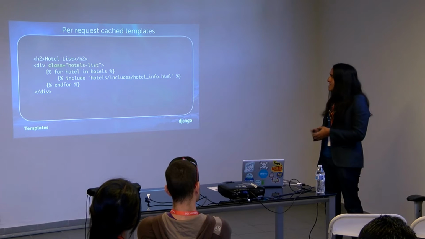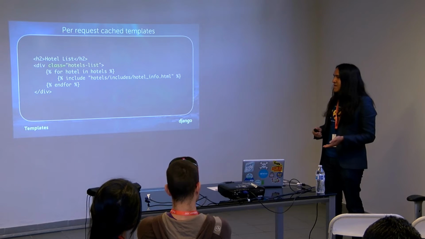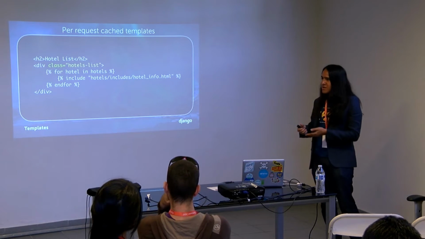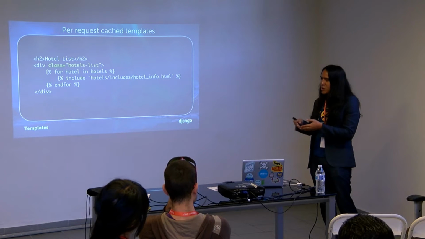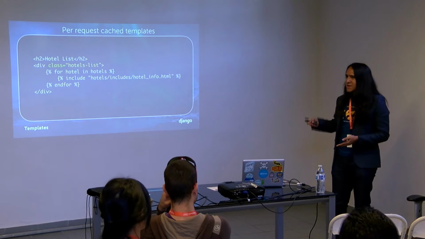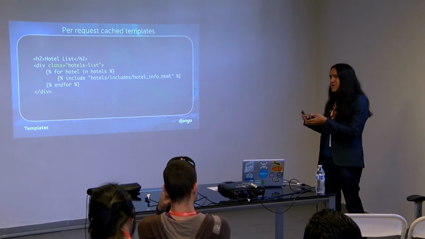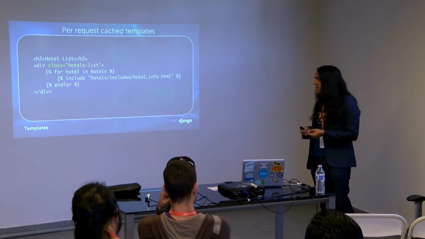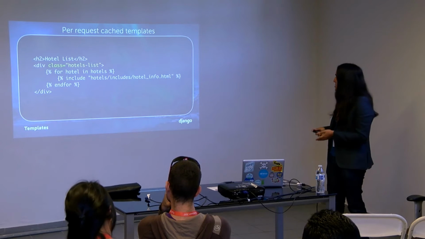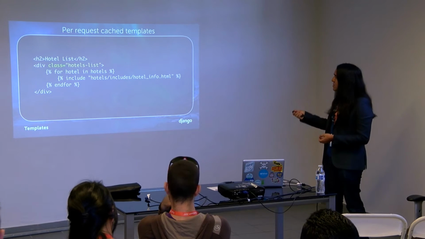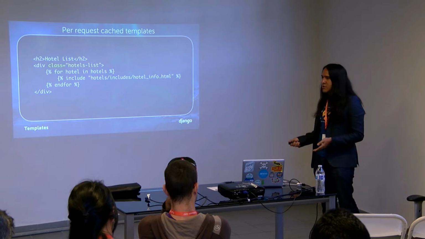So in the case of the 300 plugins, if the 300 plugins all render the same template, the application needs to be smart enough to not do it 300 times, only do it once, regardless of whether you're using the cache template loader or not. In this example, imagine I've got 200 hotels.